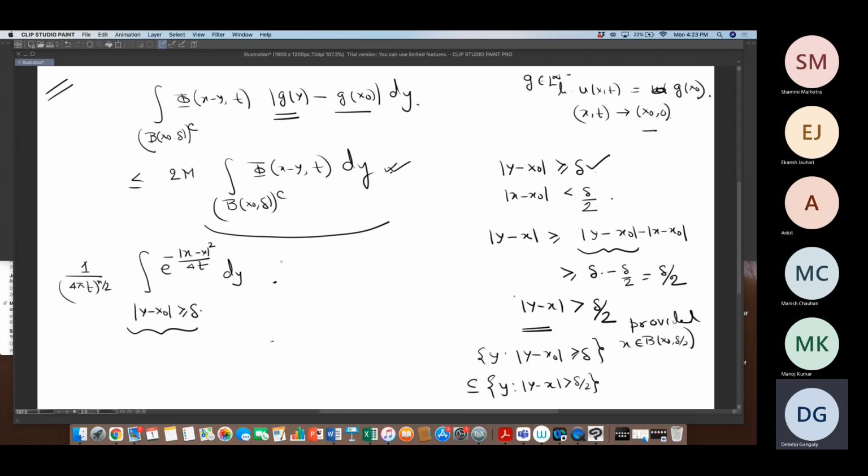Okay. So this is less than or equal to 1 by 4 pi t to the power n by 2 integration over mod y minus x greater than or equal to delta by 2 of e to the power minus x minus y whole square by 4t dy.